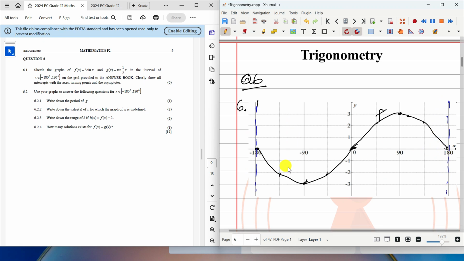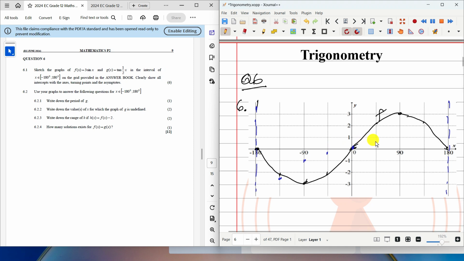Then at negative 135 it is negative 2.4, which is somewhere here. And then negative 90 is negative 1. Then negative 45 will be negative 0.4.